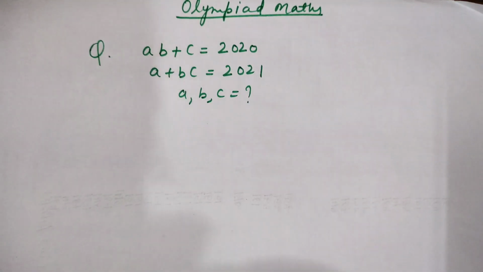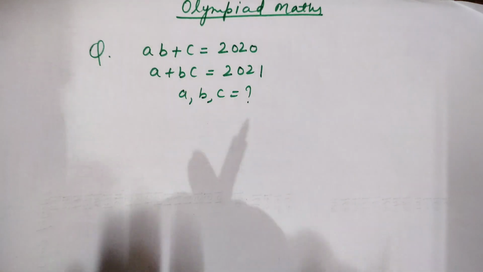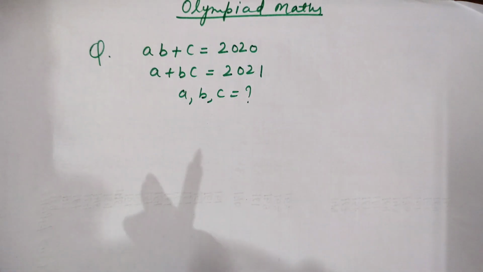How to find these values? Everybody knows there are two equations. When two equations are given in the question, we always use the elimination method and the substitution method, and we'll get the values of A, B and C. So here you can see the first equation is equal to 2020 and the second equation is equal to 2021.